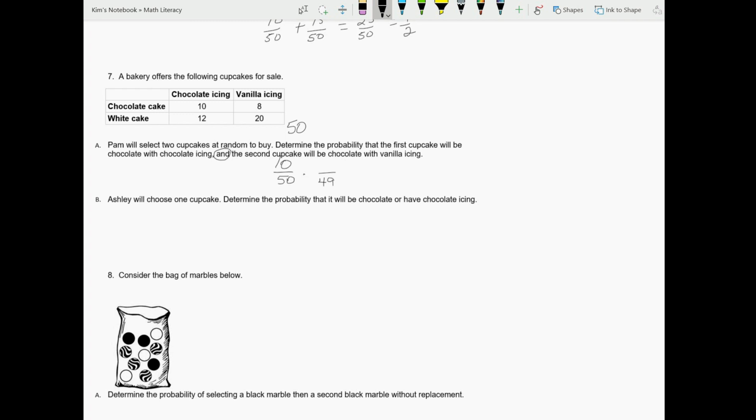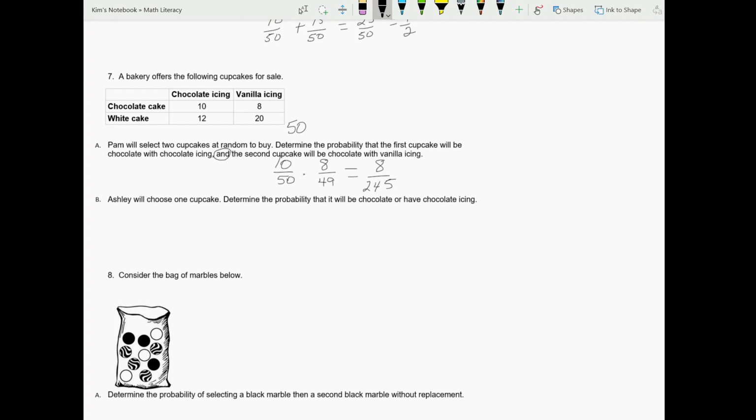And the second cupcake needs to be chocolate with vanilla icing. There's 8 of those. I have to pretend I got a chocolate with chocolate icing on that first choice, so there's still all 8 of these left. And that is going to multiply to give me 8 out of 245.